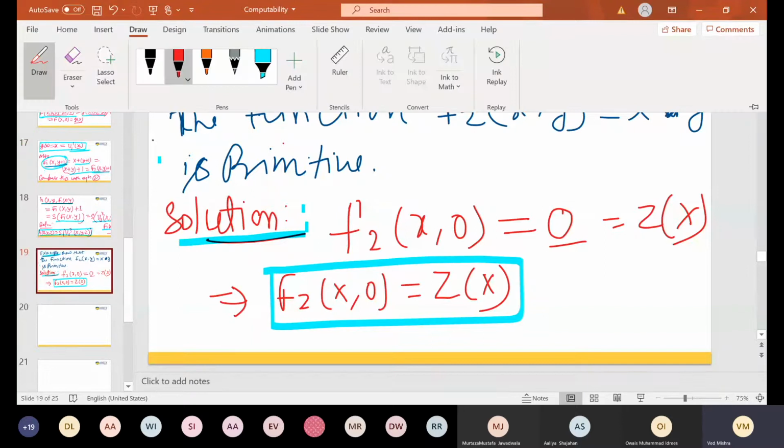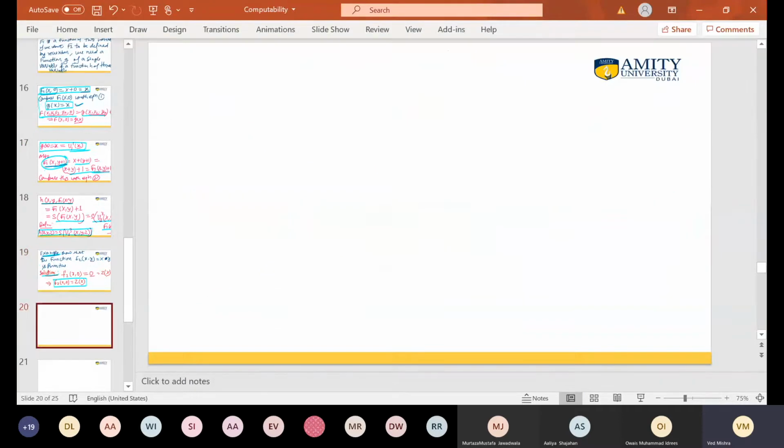Now second question, second step will be what? What will you calculate? f2 x y plus 1, isn't it? So what will be the value?